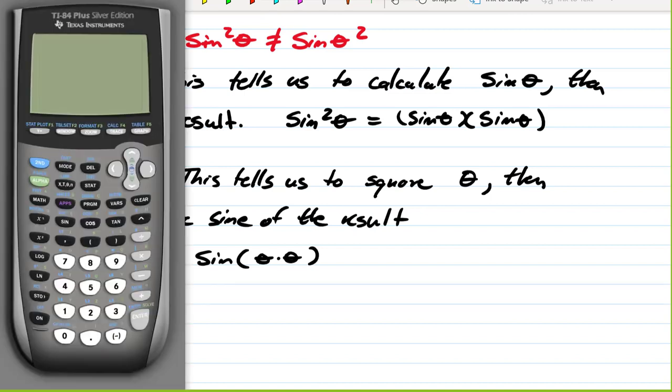To make things even weirder, our calculator doesn't use the notation that everything else is going to use, which is the first one.